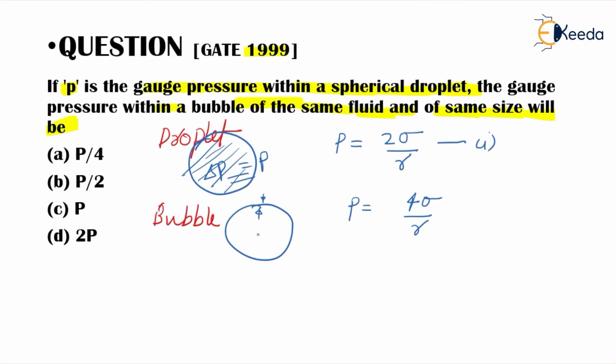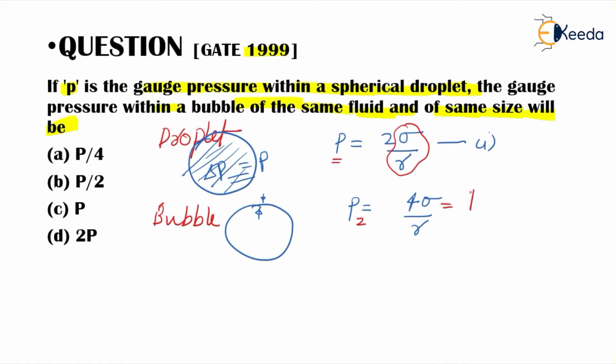Now what they are asking is the gauge pressure within a bubble of the same fluid and of the same size. So what will be the value of gauge pressure here? Now this value we will write as P2 and this value is P. Just focus on this term: sigma by R you can write as P by 2.